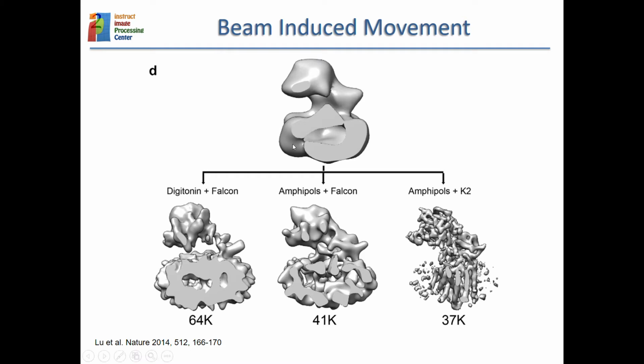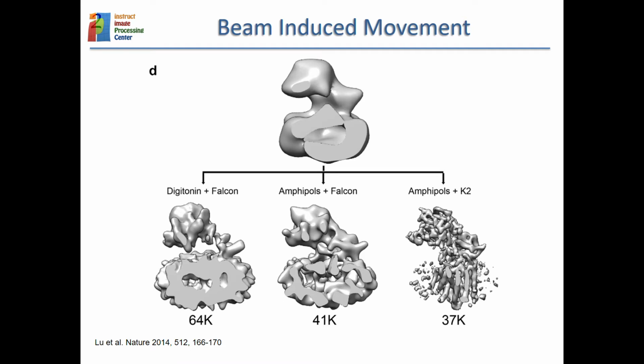And here you have another related idea, that is, you don't need many particles to have high resolution. What you need are high quality particles to reach high resolution, and part of the quality is the relative movement between frames.